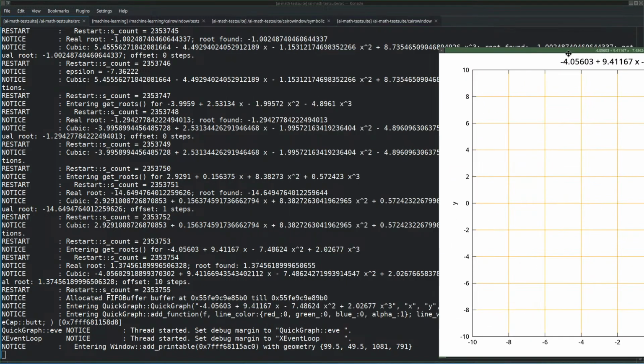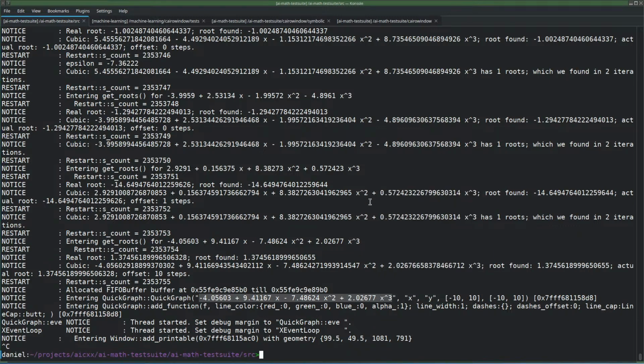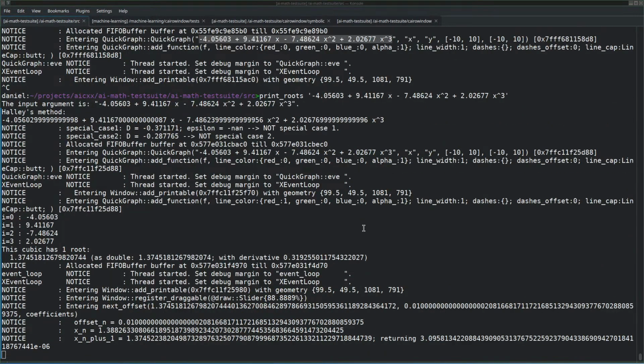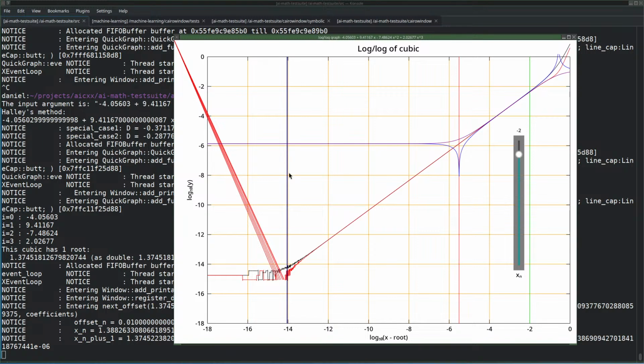Let's have a look at this cubic. So minus 14, 1 again.